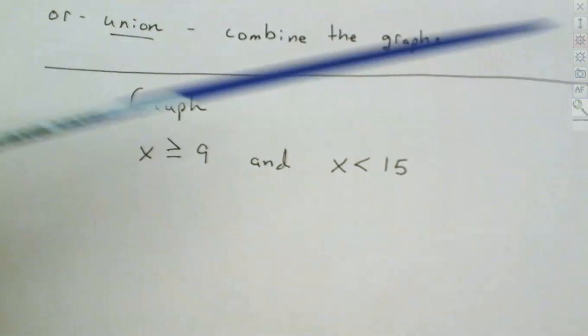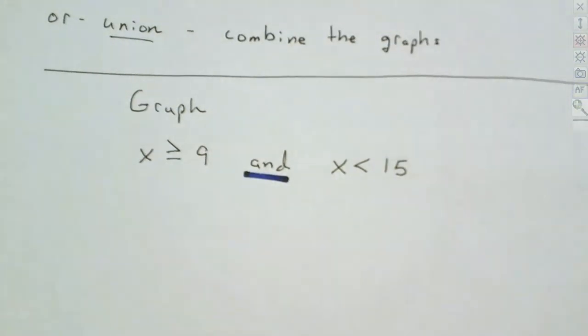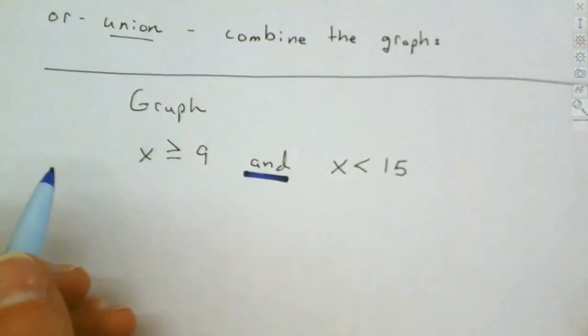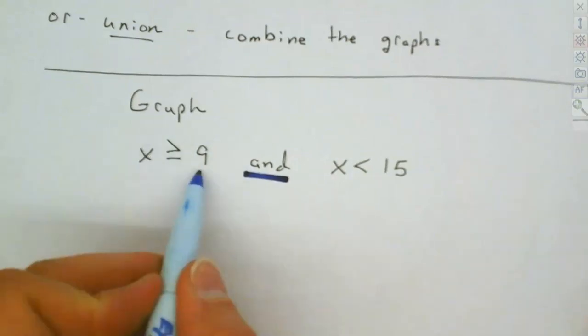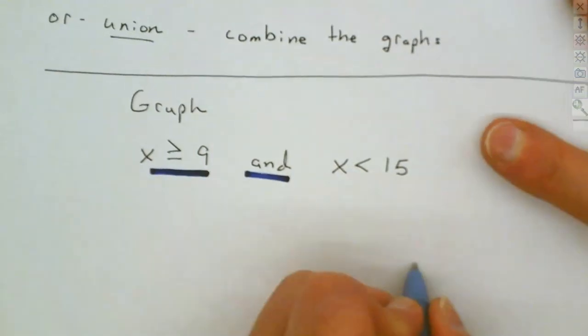Now, the and means both. What they have in common, okay, where they overlap. So I'm going to put these on the same number line, and we're going to use different colors to represent them. I'm going to graph the first one here in blue.